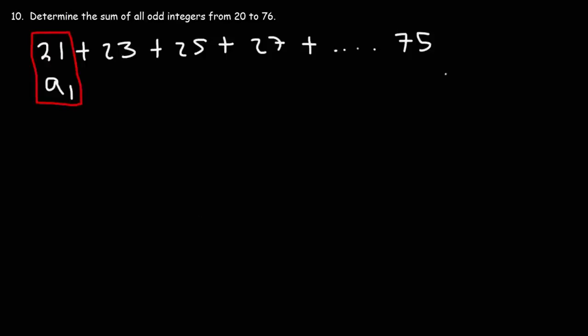The last number, a sub n, is 75. And we know the common difference is 2 because the numbers are increasing by 2. What we need to calculate is the value of n. Once we can find n, then we can find the sum from 21 to 75.